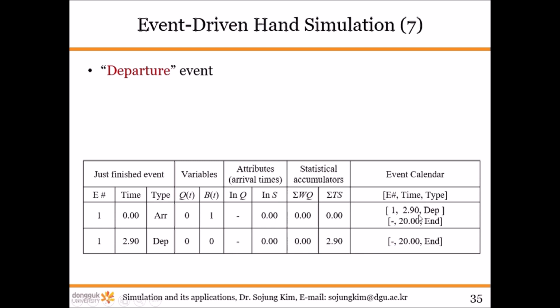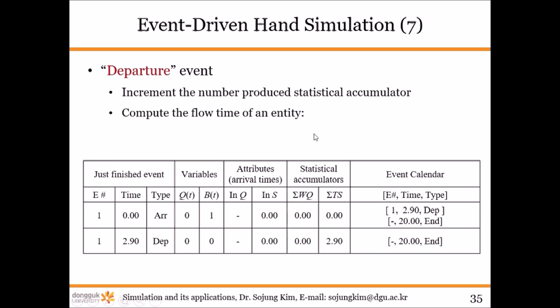When you look at the event calendar, there is a departure event. When the departure event happens, it increases the number of produced statistic accumulator and computes the flow time of the entity. Using this equation, let's look at the departure event of the first entity at 2.9.